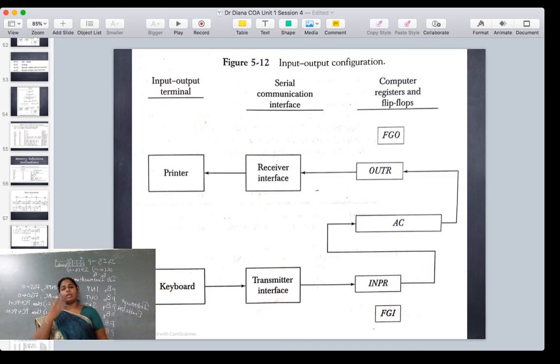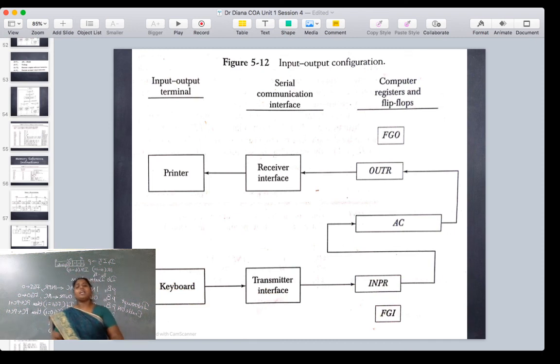In the same way, the CPU, instead of going and checking on the input flag continuously after every time cycle, will keep on doing its normal execution until the interrupt is raised by the interface. So the interface, once the data is ready, places it in the input register and raises the flag FGI.